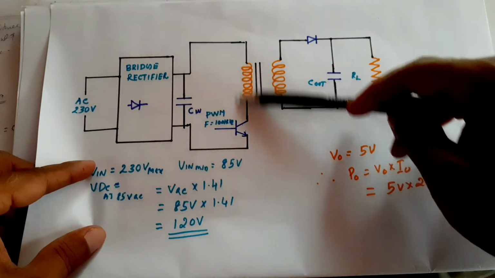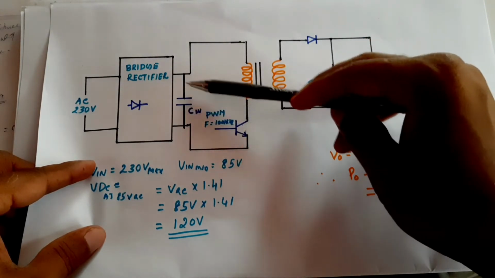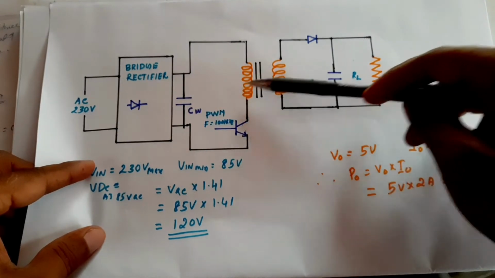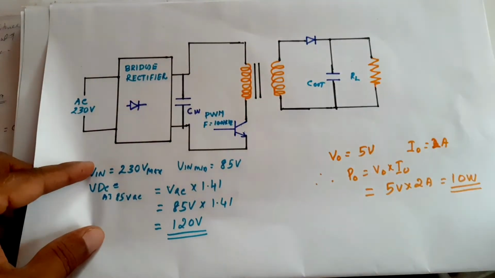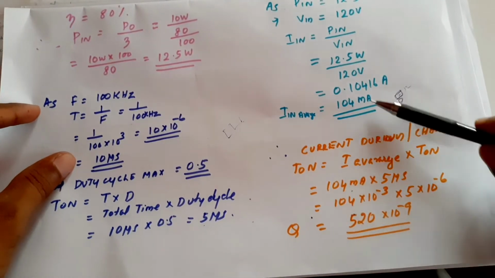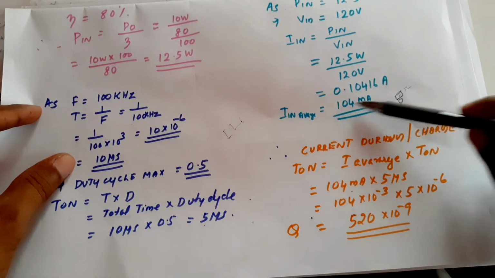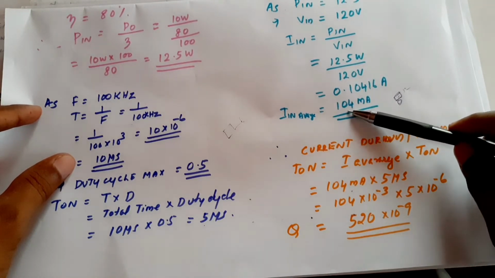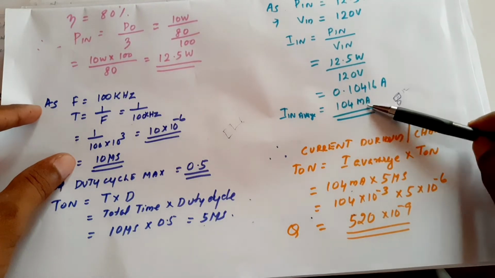During the time of 5 microseconds, how much current does the capacitor have to deliver in order to have the required power? When 104 milliampere average current flows, that is the current flow in 1 second.